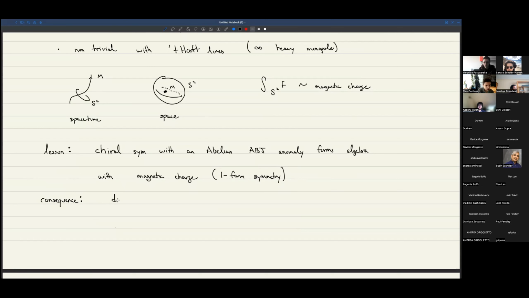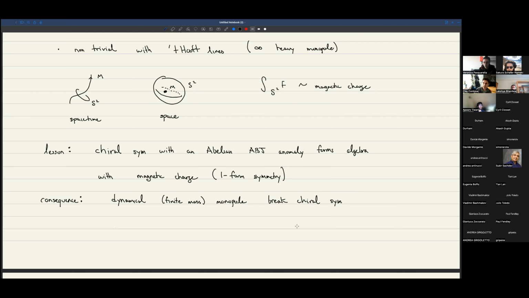The consequence is that dynamical monopoles, that means finite mass, will break the chiral symmetry. That's a universal consequence from this discussion. Why is that? Well, dynamical finite mass monopoles break the one-form symmetry, and that will be communicated back to this chiral symmetry through the algebra that I highlighted before.